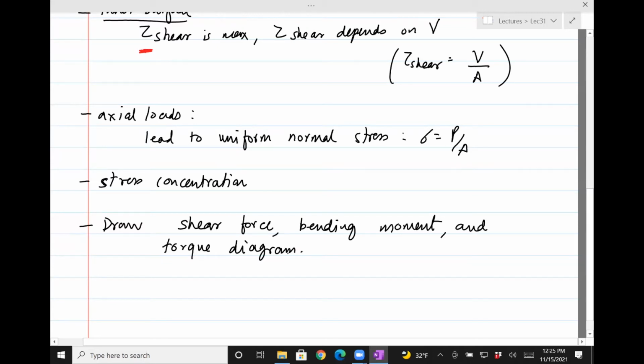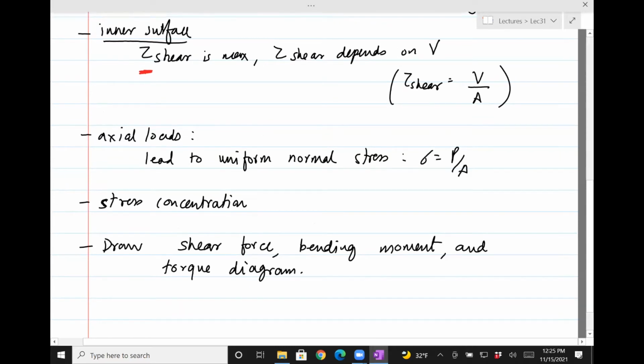Once you draw these diagrams, you'll find where the forces are maximum. And once you know the forces, you can find where the stresses are maximum, which are distributed over the cross section, which I talked about a while back. Then you can use those to design. Okay, so with that general recommendation about where the critical locations are, let's come to the actual stresses.